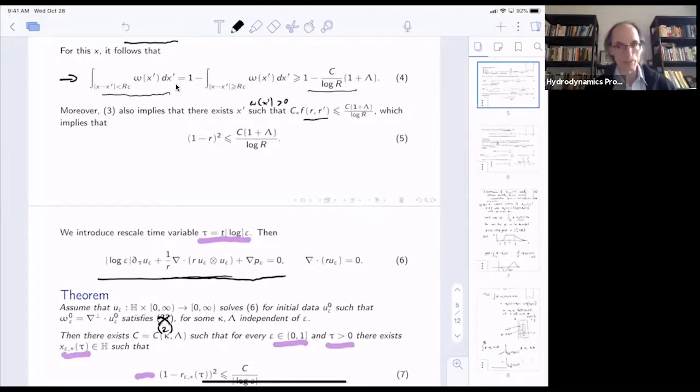If I want to get an equation for the vorticity, I just apply the orthogonal gradient to this, and it'll knock out the pressure term, and the orthogonal gradient of d tau u is d tau of the orthogonal gradient of u, which is the orthogonal divergence, which is d tau of the vorticity. And then I'll just write it like this.